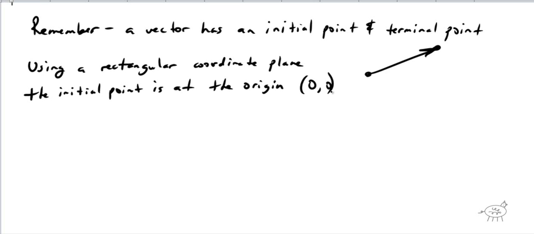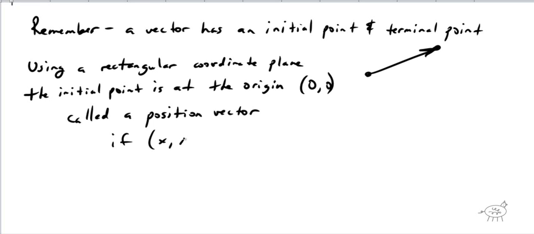When we're using this method, having your initial point at the origin, we call this a position vector. So basically, if x comma y is the endpoint, our terminal point, this is what it would look like.